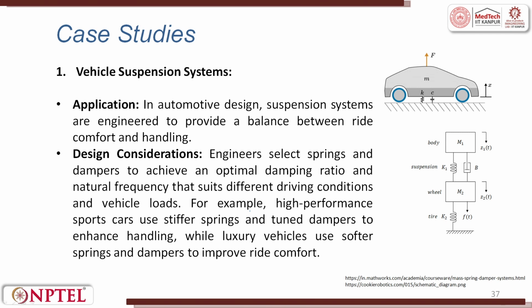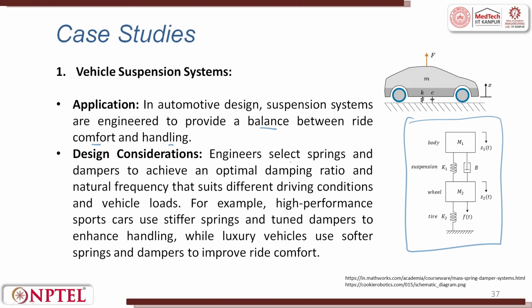Let's take a case study, which is the vehicle suspension system. In automotive design, suspension systems are engineered to provide a balance between comfort and handling. This is a schematic and this is the block diagram. A body of mass m, suspension, then you have a damping, then you have a wheel, then you have a tire, then you have a function T which is expressed.